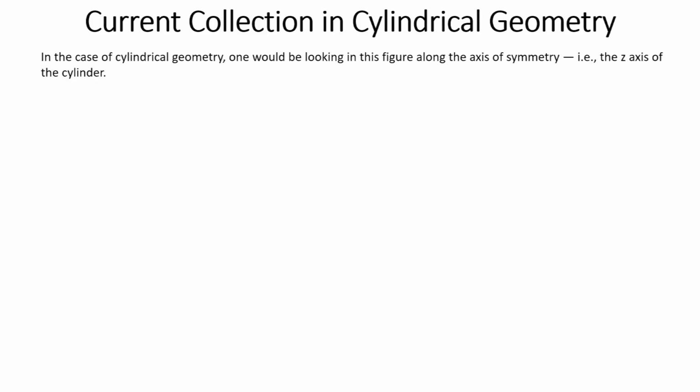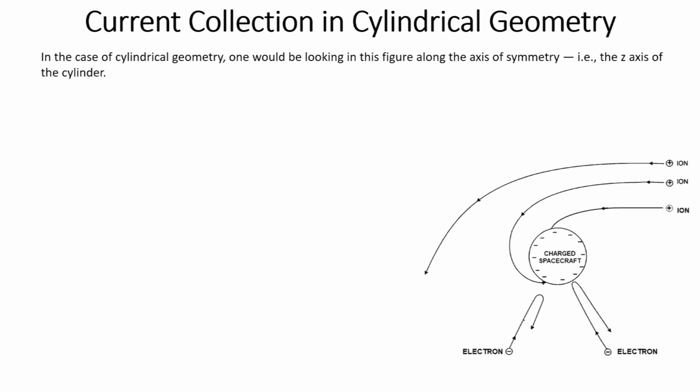Now, we will consider the current collection by the cylindrical geometry. We will use the same formula, only the current collection will be different. Here the cylinder has a symmetry about the z axis. So, in this case we are considering a cylinder.